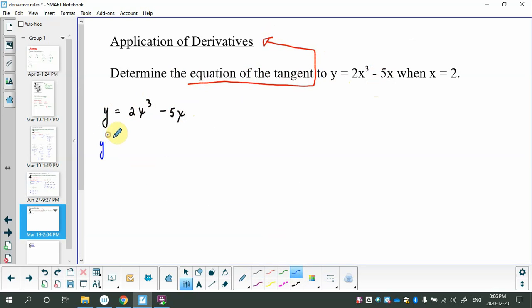So y prime. 2 times the 3 drops down, make it 1 less, minus, remember there's an invisible 1 there, so 5 times 1, negative 5 times 1, make it 1 less. So we end up with y prime is equal to 6x squared minus 5. So that is actually the slope of the tangent, because that is the definition of derivative.